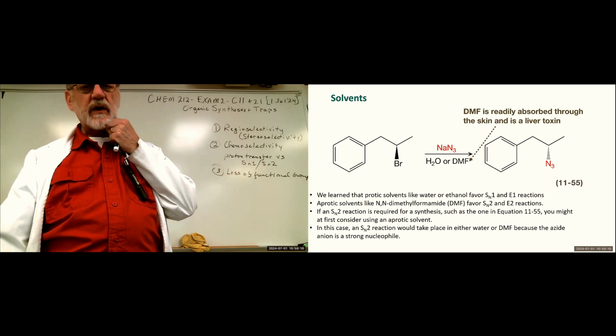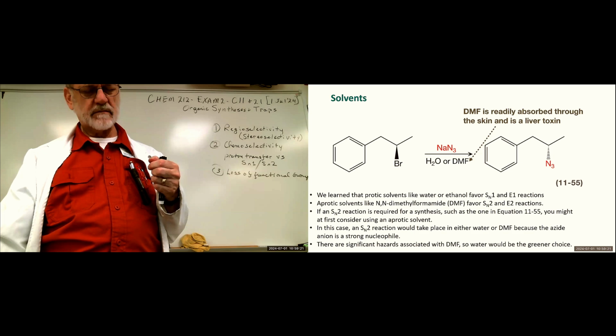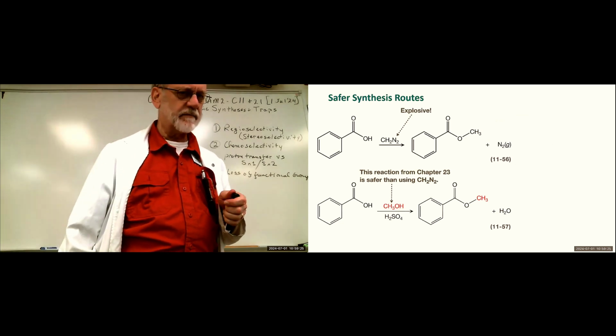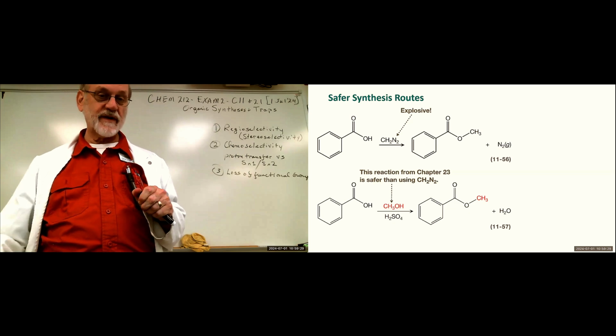Yeah, okay, water would work. Right? It doesn't matter if it's protic or aprotic. Water would be a greener choice in that case. Say for synthetic routes, all right?